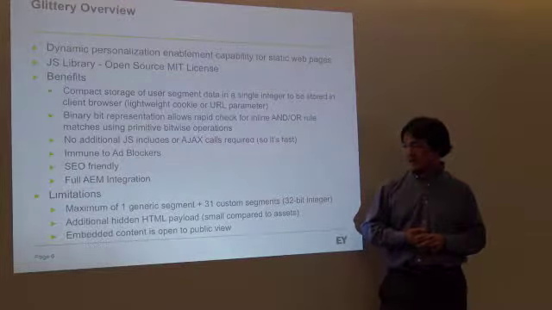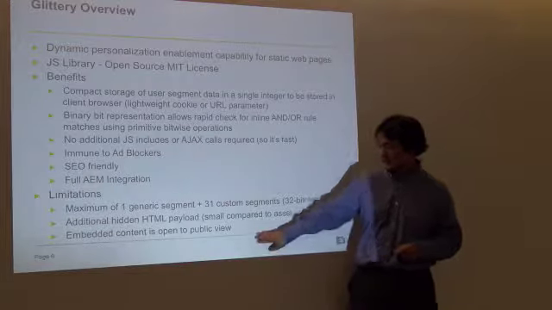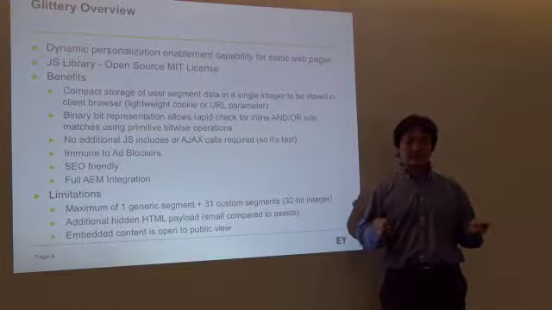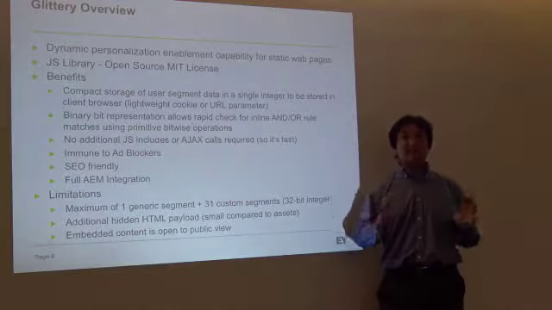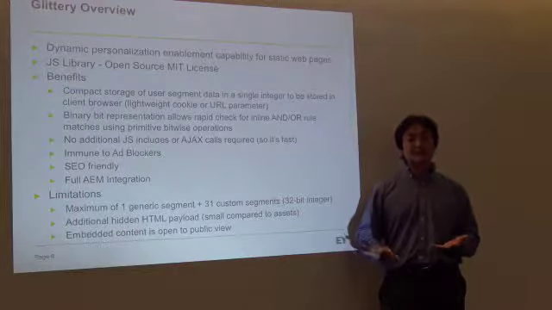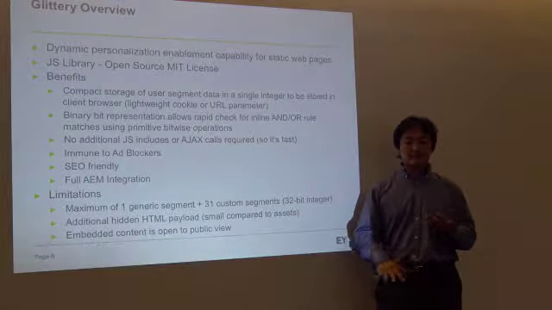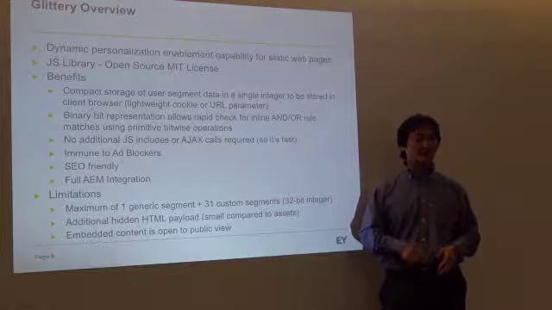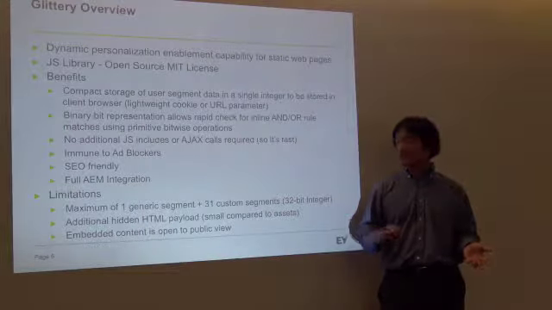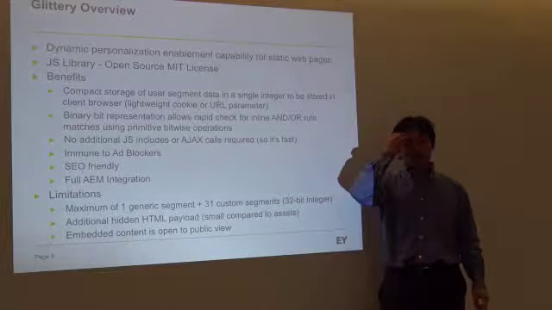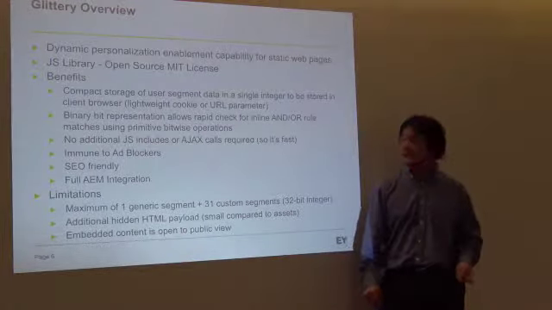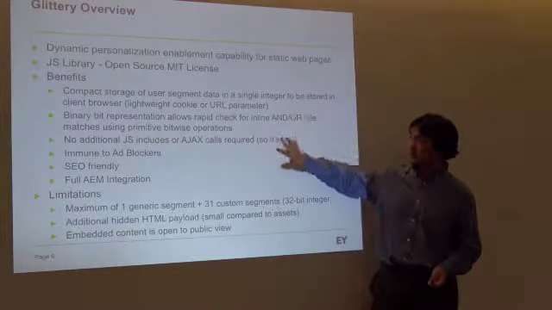And finally, the embedded content is open to public view, so that's a plus and a minus. The minus is that you don't want to put anything secret there. If you don't want to share a promotion, then you don't want to put it on that page. Glittery is more of a way to show an optimized experience for an individual, not a way of disseminating semi-secure content. So those are some of the pluses and minuses.